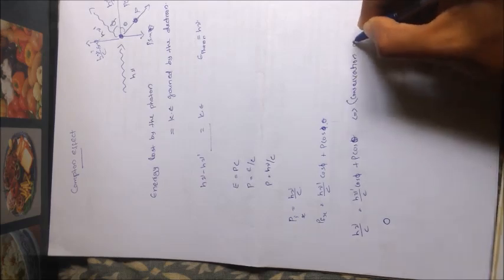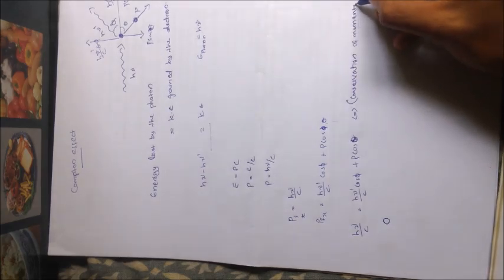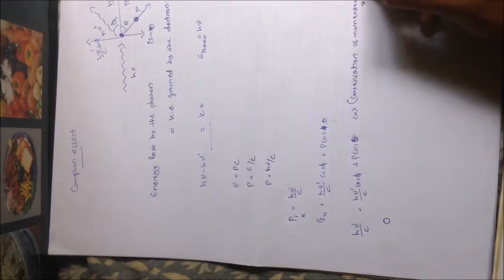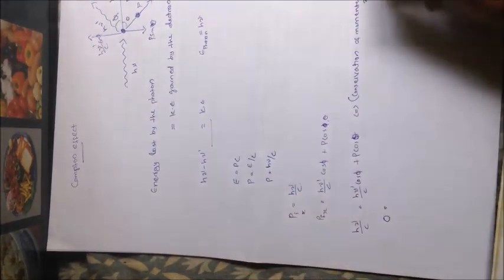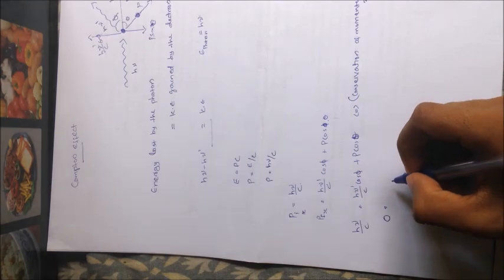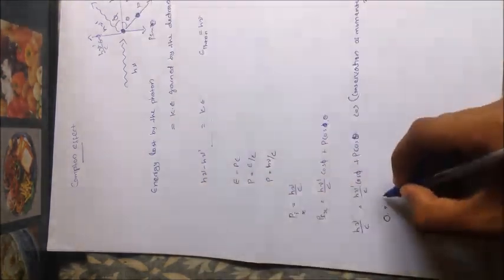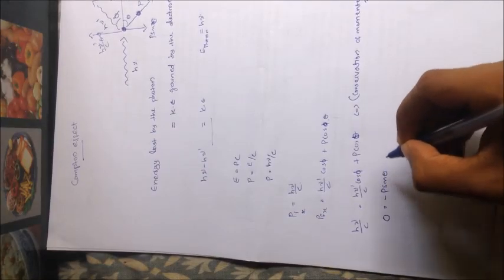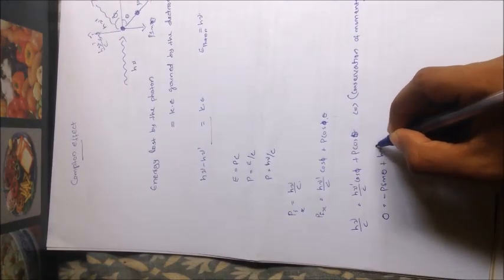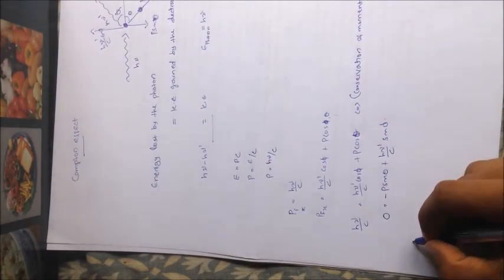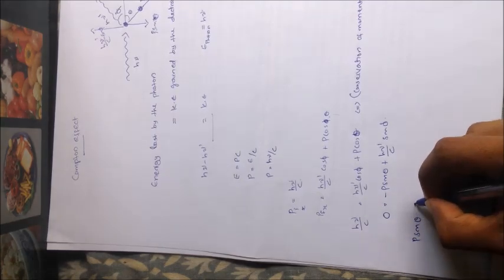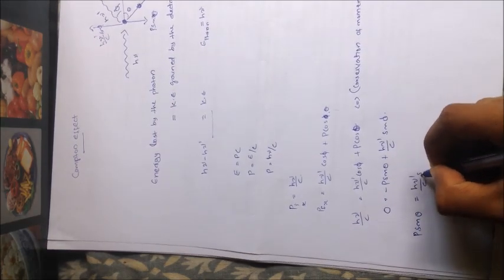By applying conservation of momentum in the y direction, the electron moves in the negative y direction, so it is minus p sin theta, plus h nu dash by c sin phi in the positive y direction, that is, p sin theta is equal to h nu dash by c sin phi.